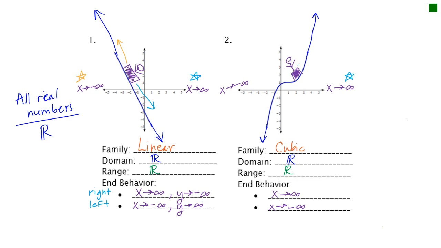So as x goes to infinity, or to the right, my graph goes up, towards positive infinity. As I go to the left towards negative infinity, I would be going down on this graph. My y values would be getting smaller. So as x goes to the left, my y values get lower, and my y's would go towards negative infinity.